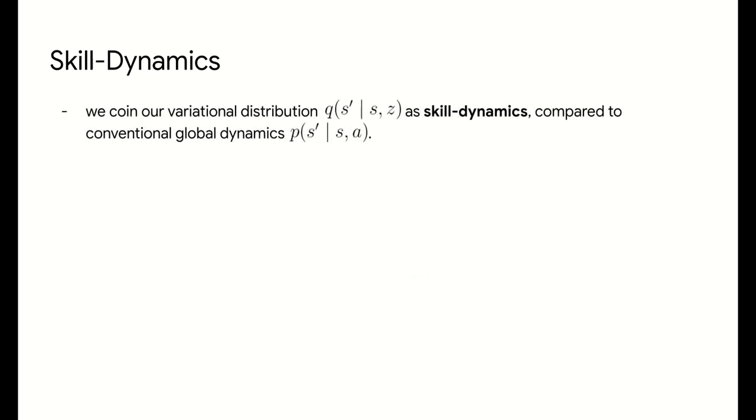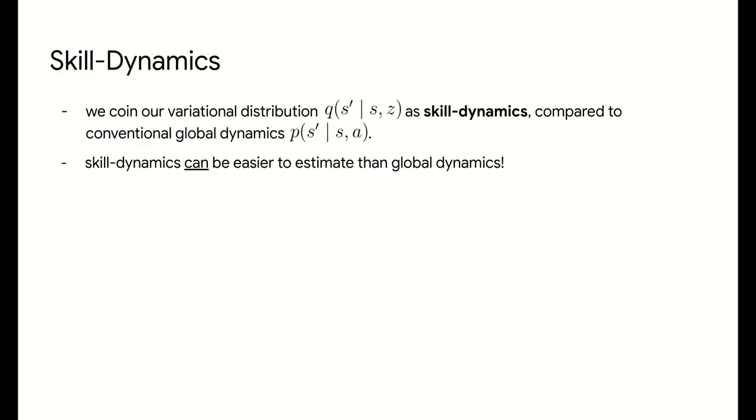We discuss our variational approximation a bit more. Firstly, we call our variational distribution Q skill dynamics. While conventional models such as P of S prime given S comma A have to approximate the dynamics of agents for arbitrary behavior, skill dynamics Q will only model the dynamics for one behavior Z, which is generated by our underlying skills. Estimating skill dynamics can be easier than the global model.